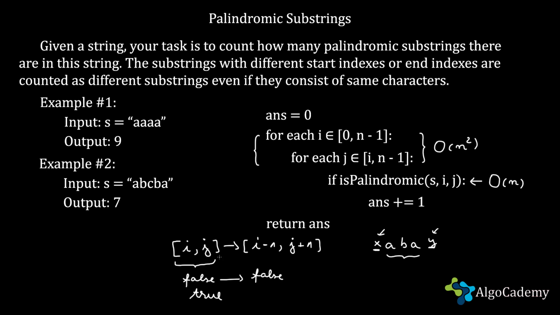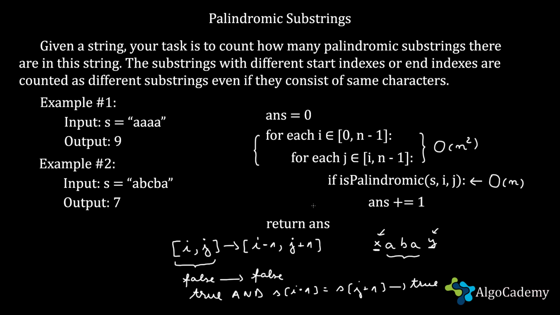So, if this is a palindrome, and the new element on the left, which is s of i minus 1, equals the new element on the right, which is s of j plus 1, then we definitely have a true.